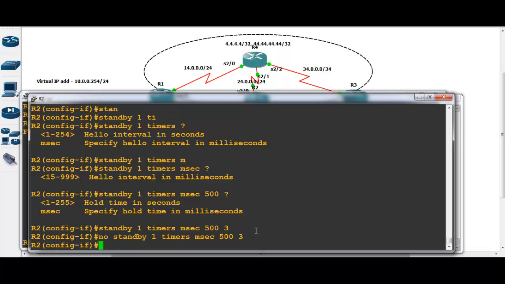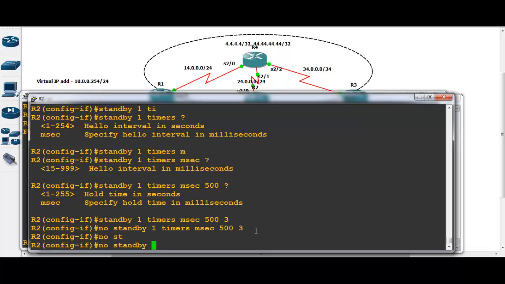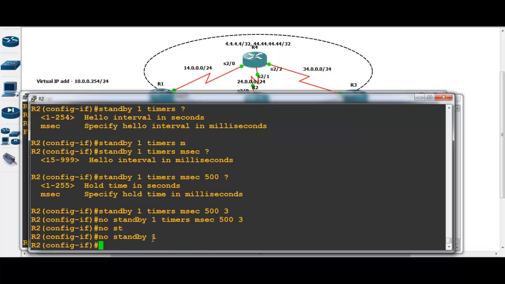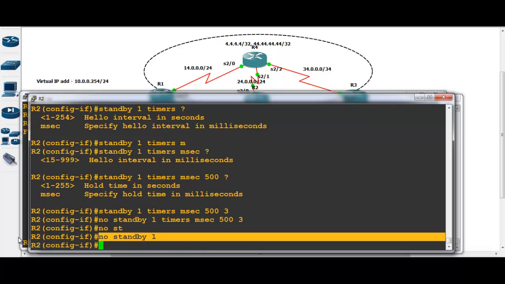I'll show quickly GLBP. No standby 1. I cancel HSRP on all these 3 devices.